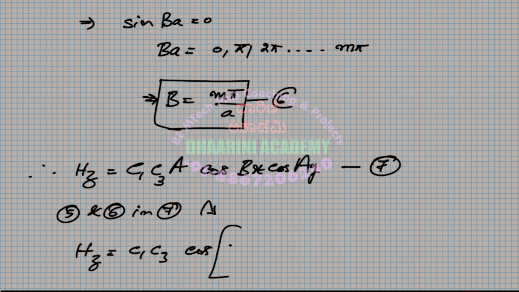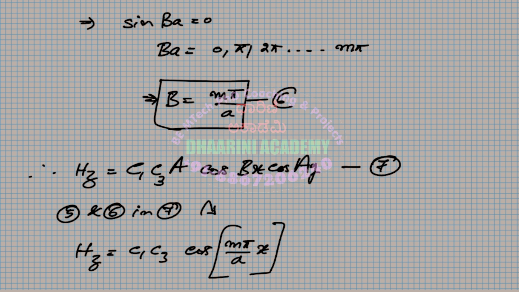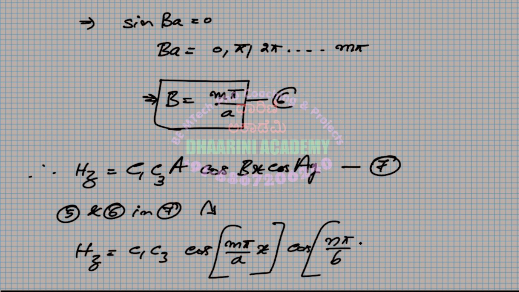So that is m pi by A into x, that's a constant, into the second term, which is also cos. So into cos, I should write the A value. So A is n pi by B into y.